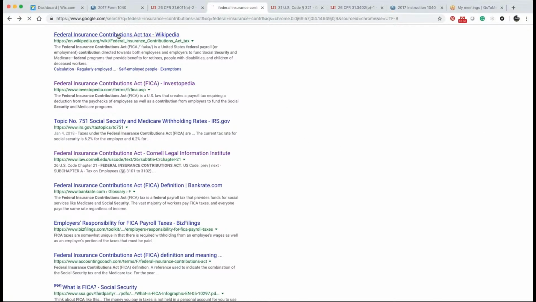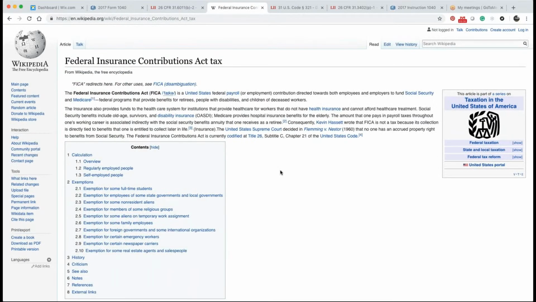All right, let's look at what Wikipedia says about the Federal Insurance Contributions Act. It says the Federal Insurance Contributions Act is a United States federal payroll contribution directed towards both employees and employers to fund Social Security and Medicare. Federal programs that provide benefits for retirees, people with disabilities, and children of deceased workers.